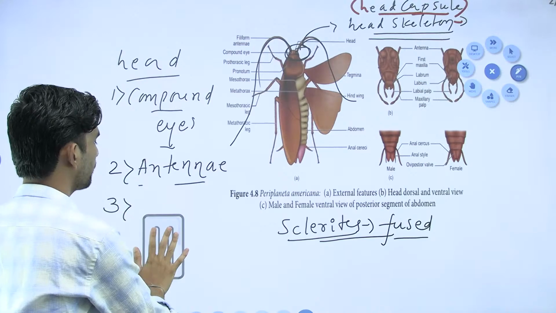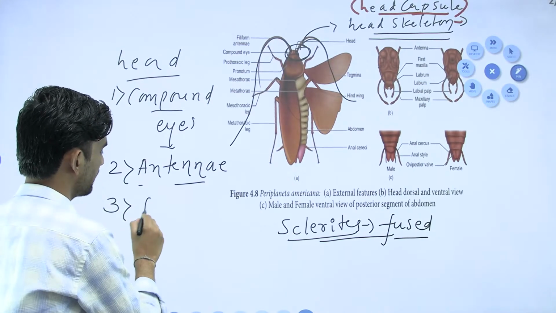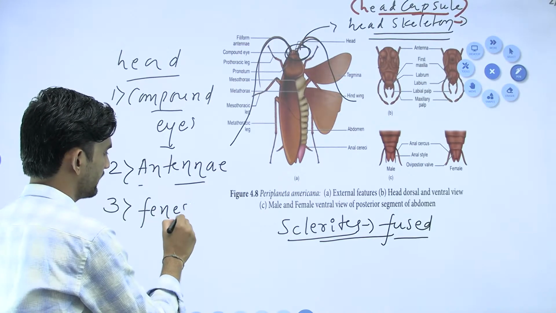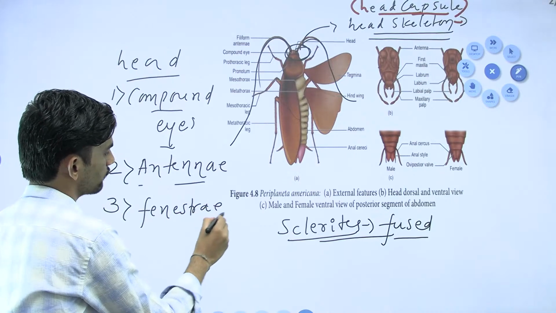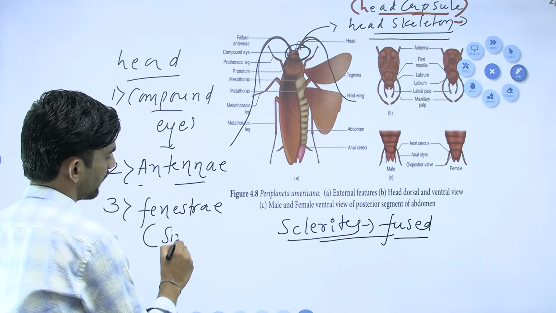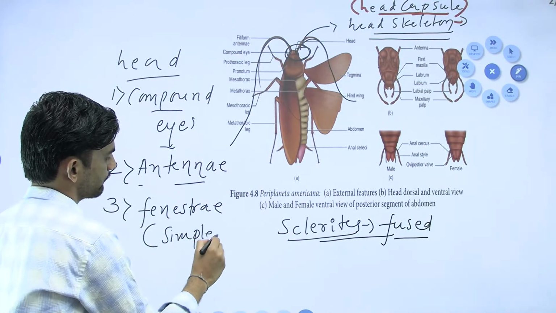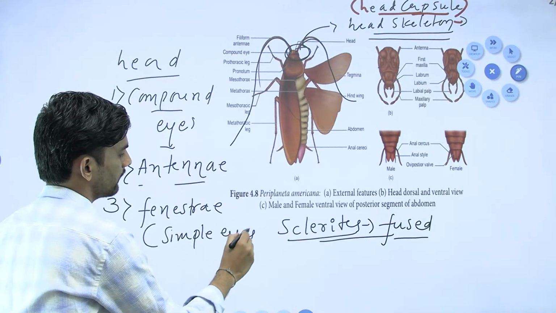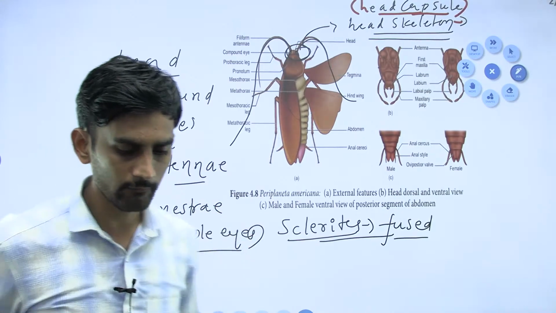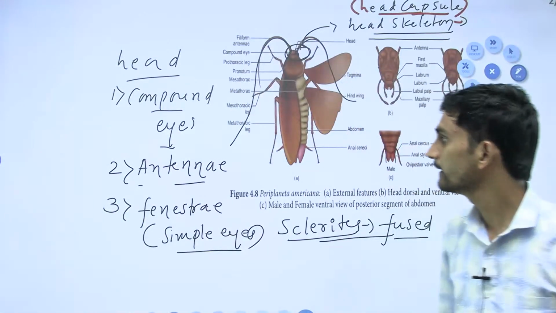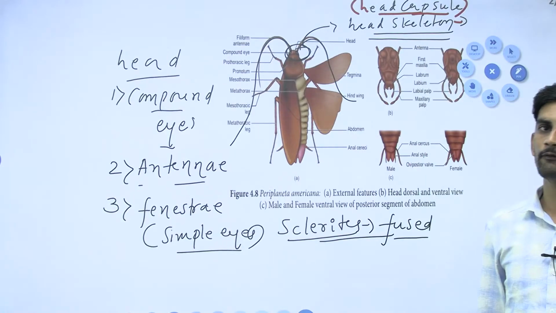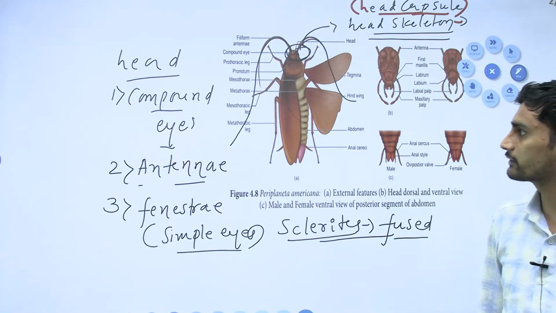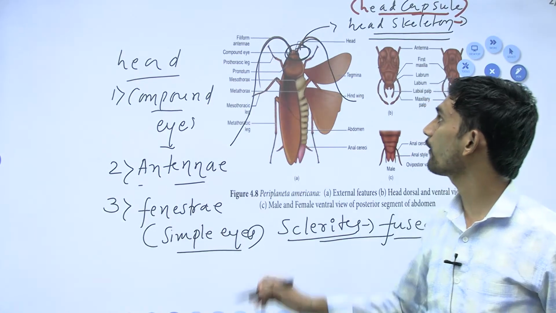So three main important sensory structures you find in the head region: fenestrae, in general simple eyes, a pair of fenestrae; antennae, a pair of filamentous structures on the head region; and along with that a pair of compound eyes.